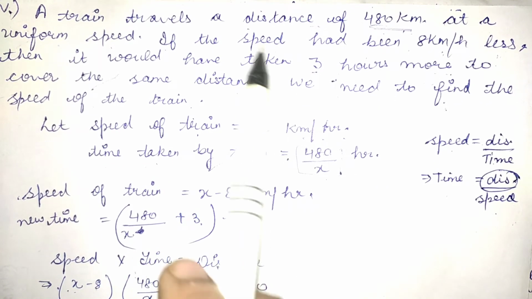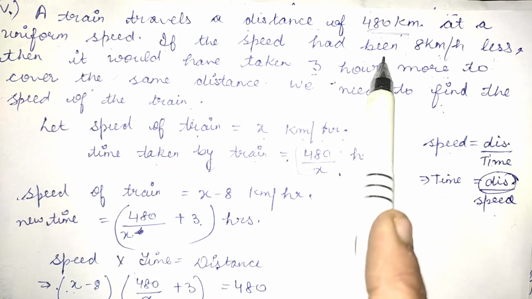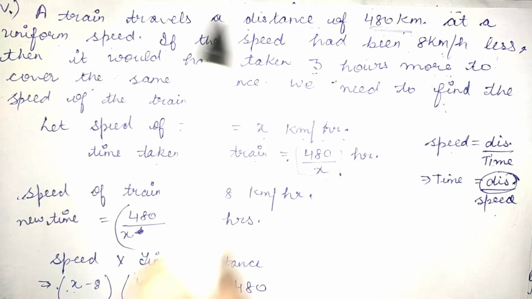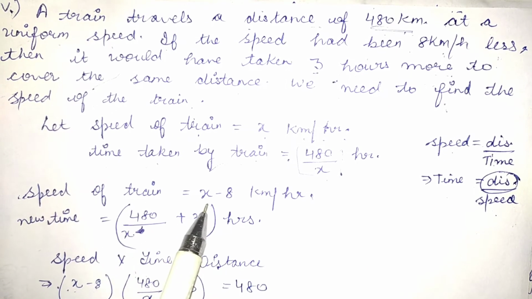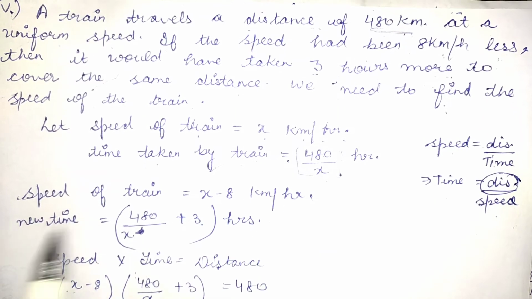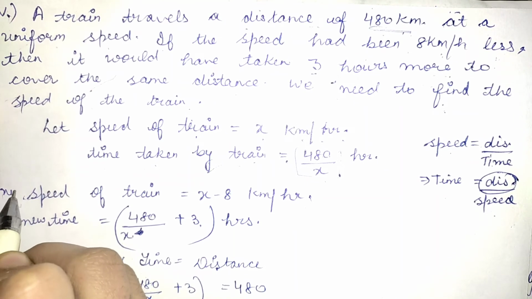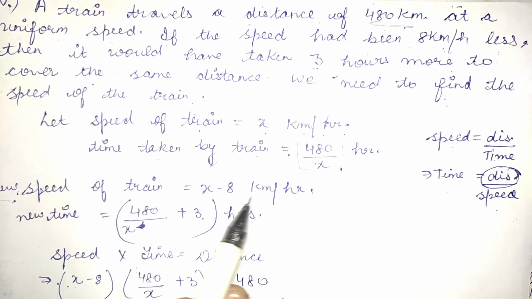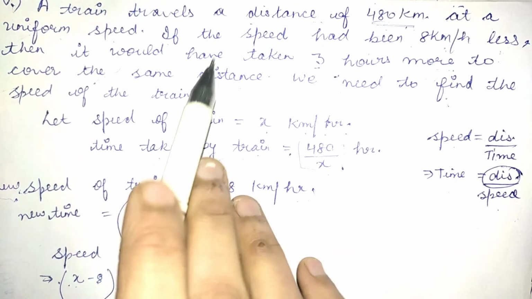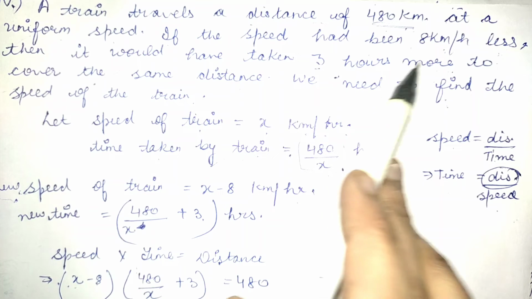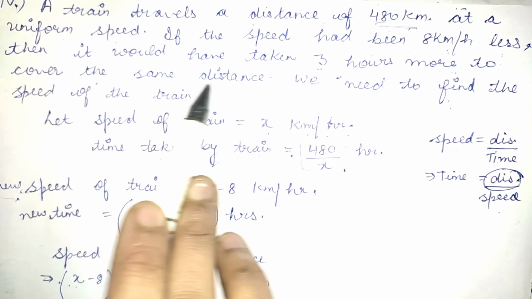Now the next statement is, if the speed had been 8 km per hour less, that means new speed of the train is equals to x minus 8 km per hour, then it would have taken 3 hours more to cover the same distance.